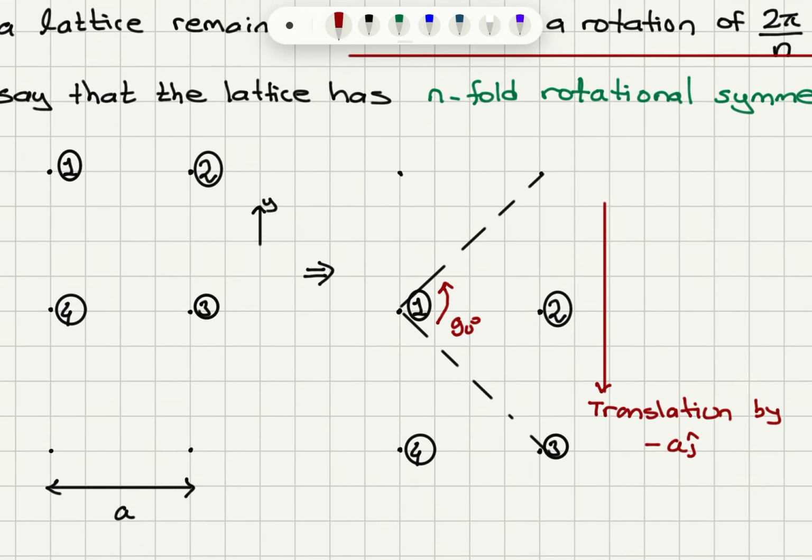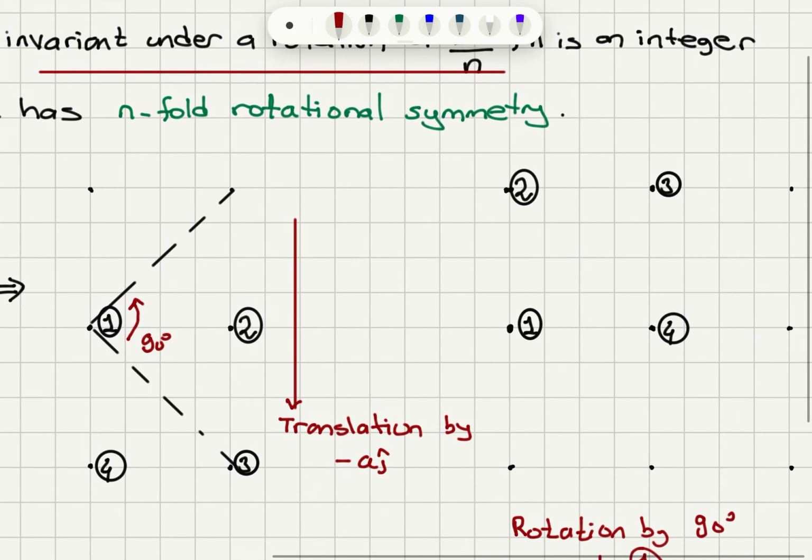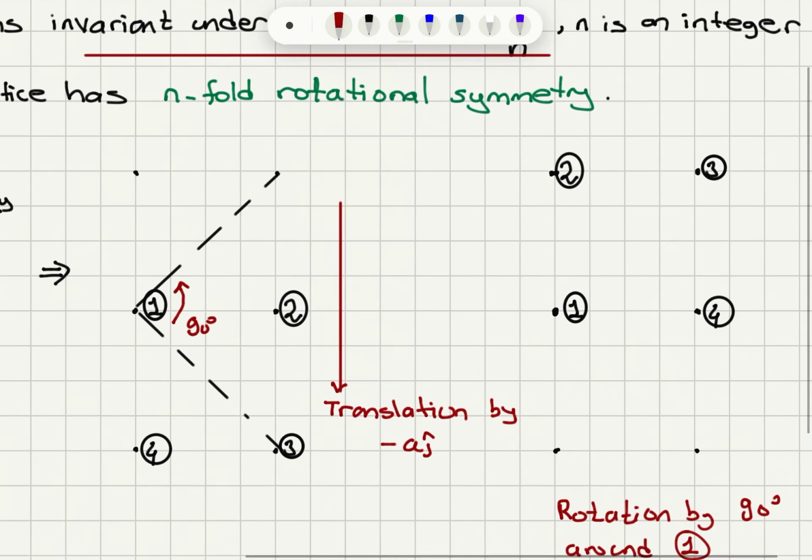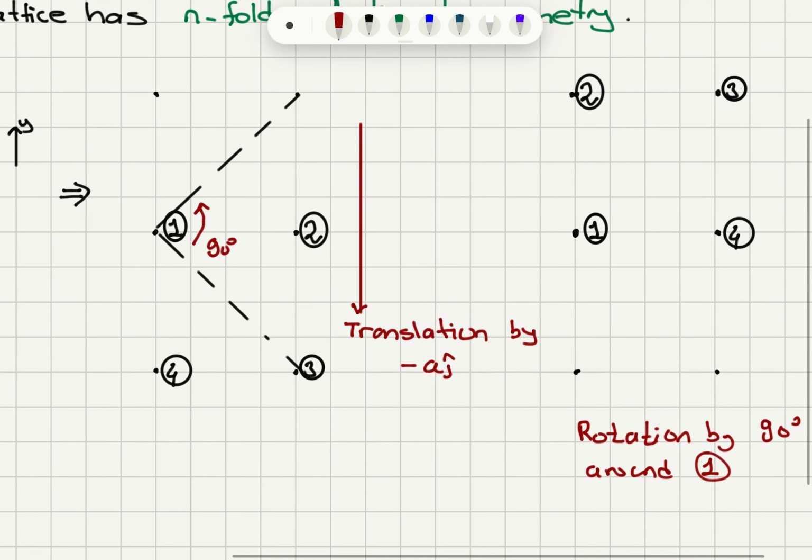And what do I see? For example, if you concentrate on point 3, if I rotate this by 90 degrees with respect to point 1, an axis that goes through point 1, you can see this 90-degree rotation would map 3 to the upper right corner. Similarly, you can see that 2 would be in the upper left corner, 1 is fixed, and 4 would be in the bottom right corner.